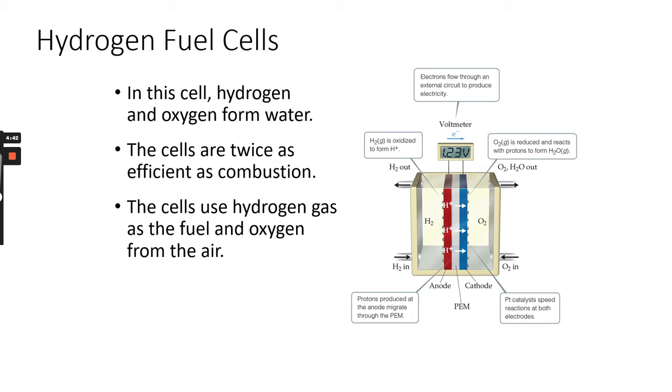So you see you have to constantly put hydrogen in, and you get oxygen from the air, and then the reaction occurs, it makes water, you get your voltage, and then oxygen and water come out, and excess hydrogen comes out here. This is very expensive because in order to speed this reaction up, you have to use platinum. Platinum is one of the most expensive metals.